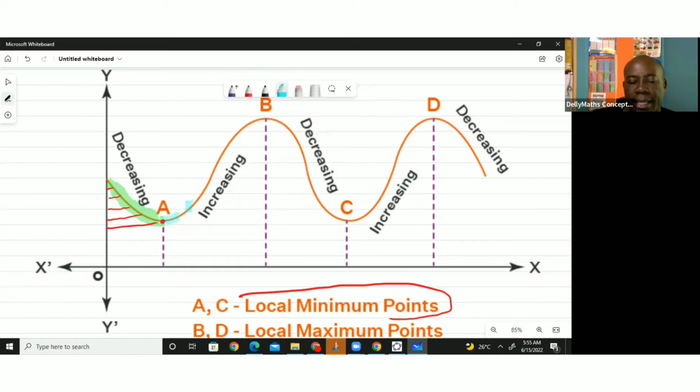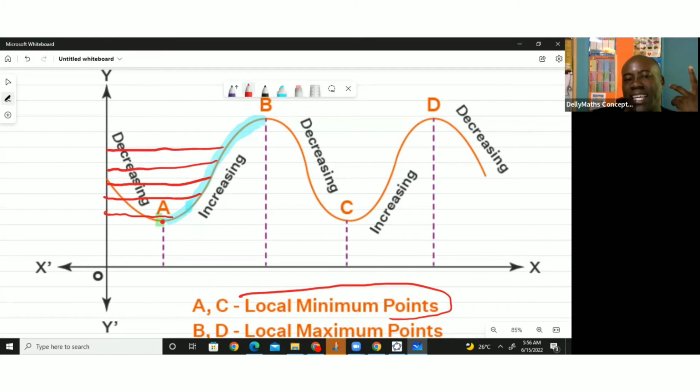And then if you notice, as we travel further, the graph is increasing between A and B. If I take some y values between A and B, you would notice that the y values are getting larger.